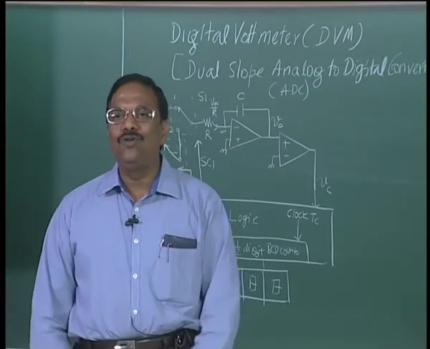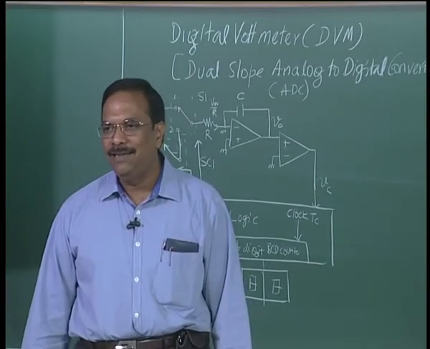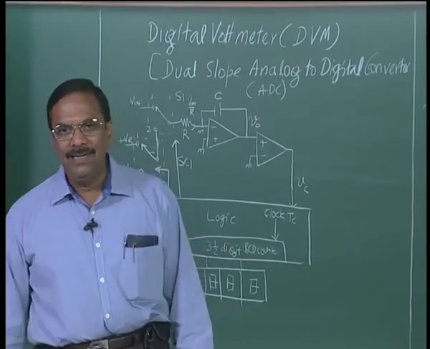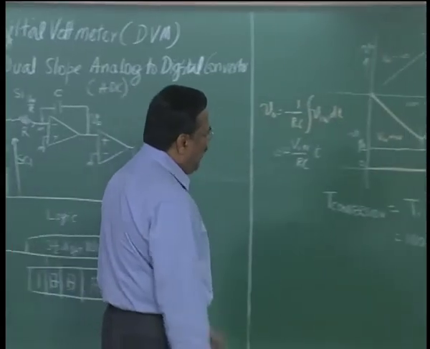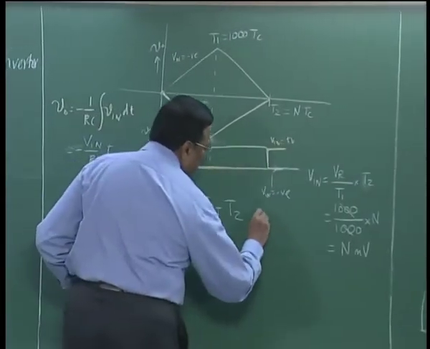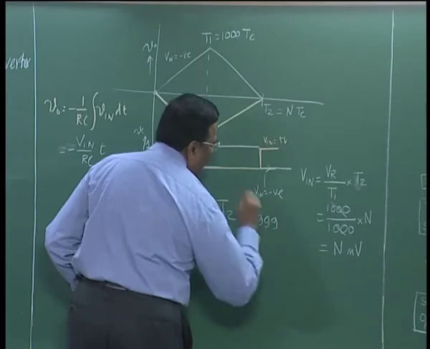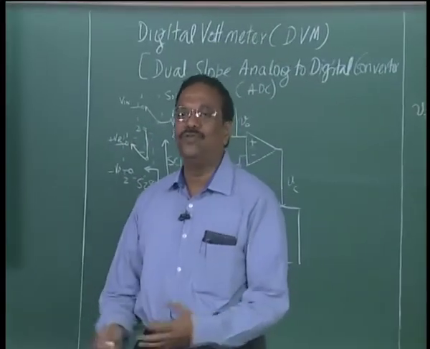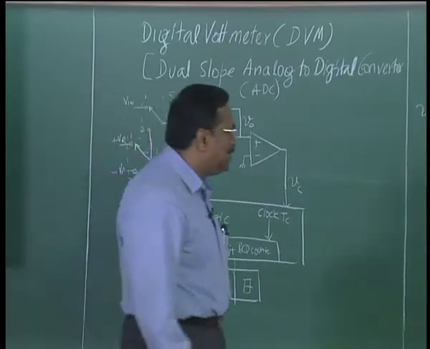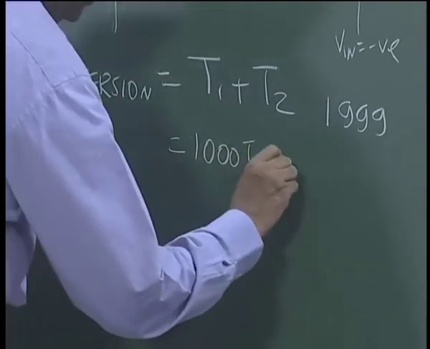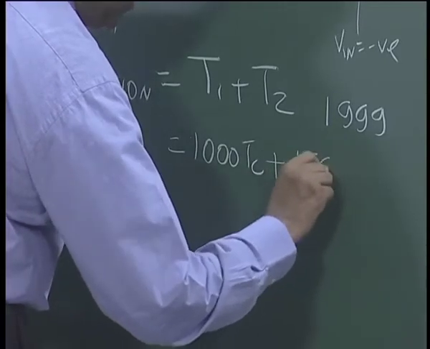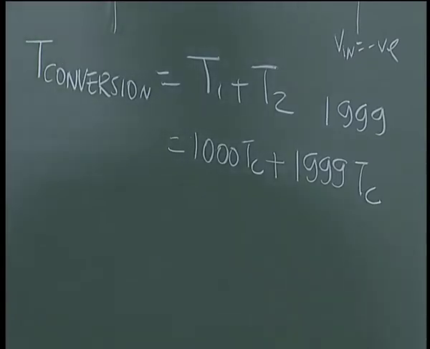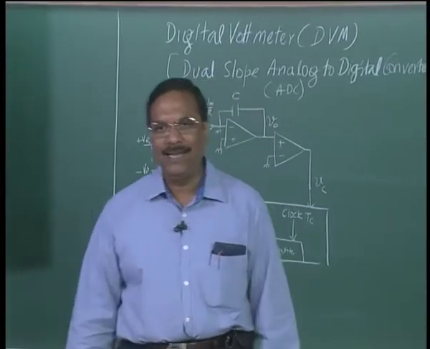If V in is equal to 1 volt, T2 would be 1000, right, because 1000 millivolts. So the maximum that T2 can go is 1999 counts, full scale 2000 millivolts or 2 volts. So the maximum T2 can be is 1999 TC, because it has count 1999, then only it can display 1999, right.